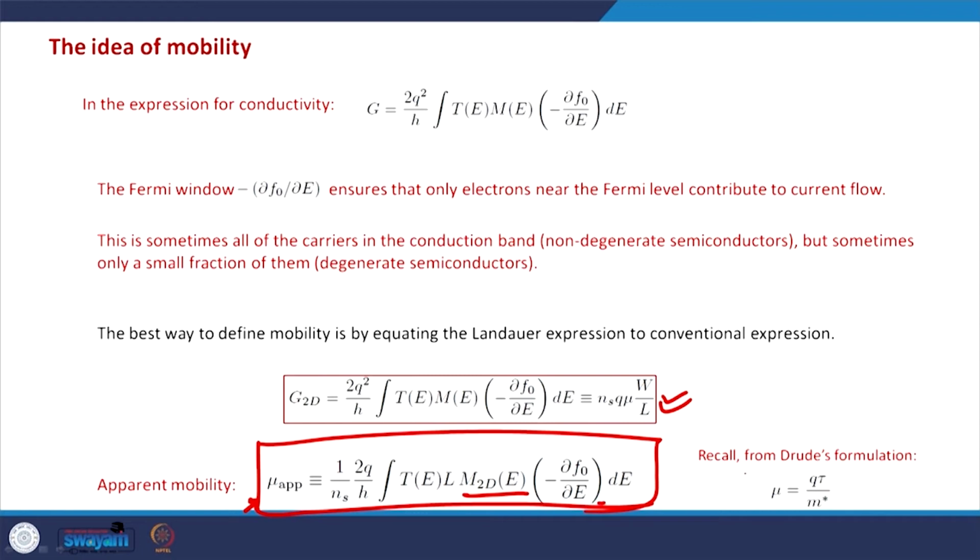And if we recall the mobility from Drude's formulation, the mobility is given by q times tau by m star, and please remember this tau is not the transit time, this is the average time between two collisions, also known as the mean free time of the electrons, and m star is the effective mass of the electron. In this case, however, things are different as expected.